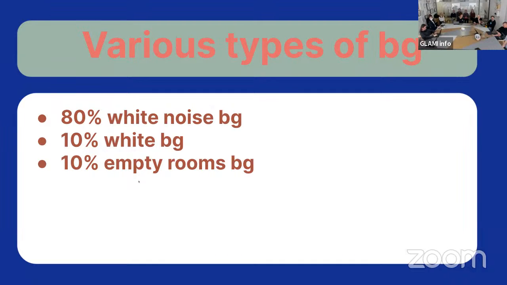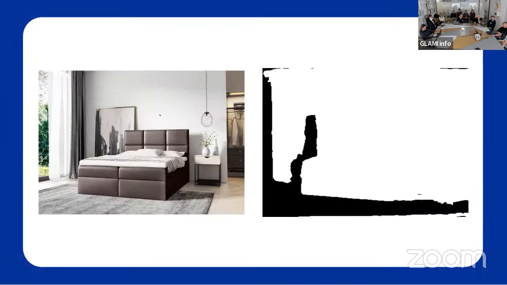Most of the data had white noise background. However, it kind of failed spectacularly. We measured it on validation and test sets, and the loss was low and everything was perfect.